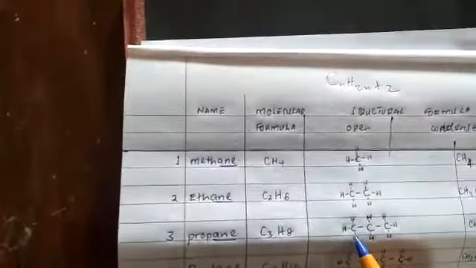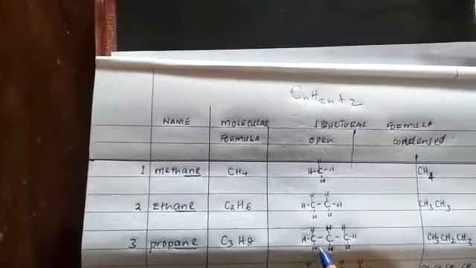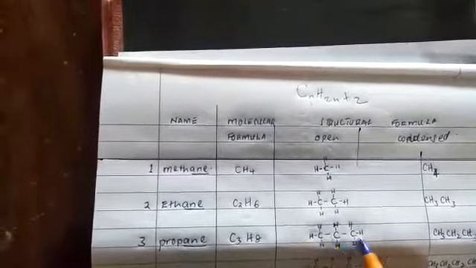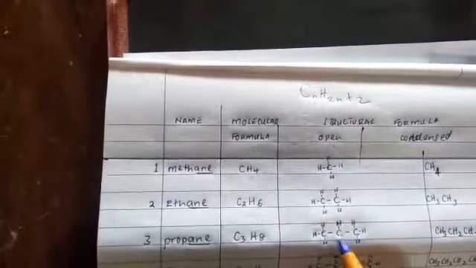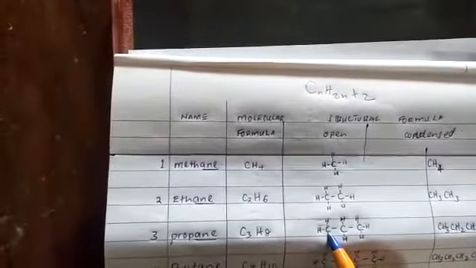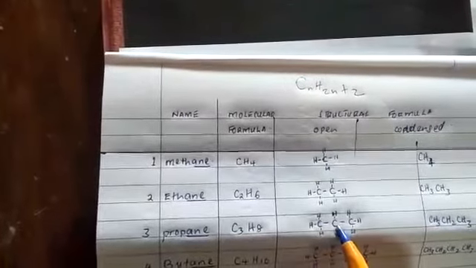The open structural formula, the 3 carbons join to each other using a single covalent bond. So 1, 2, 3, they are joined by a single bond. The first carbon, because it already has a bond here, will bond to 3 hydrogens. The next carbon is bonded to this carbon and this carbon, so it will bond to only 2 hydrogens.